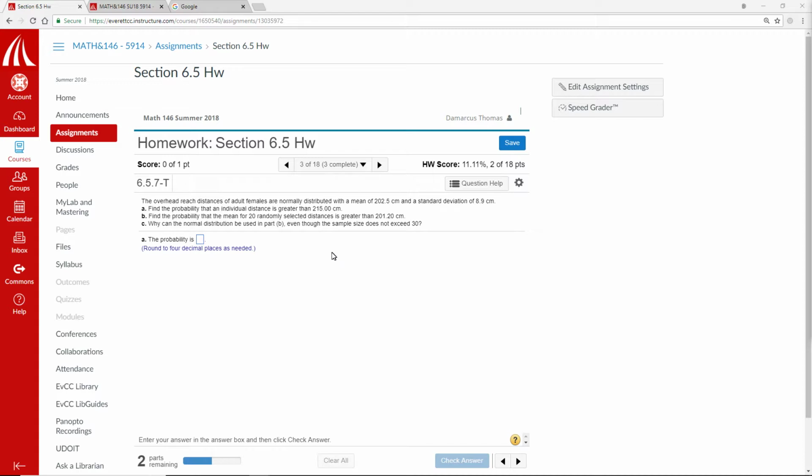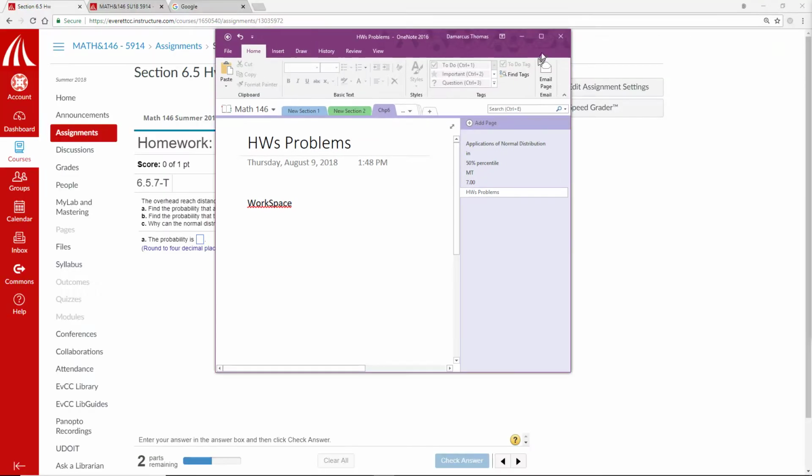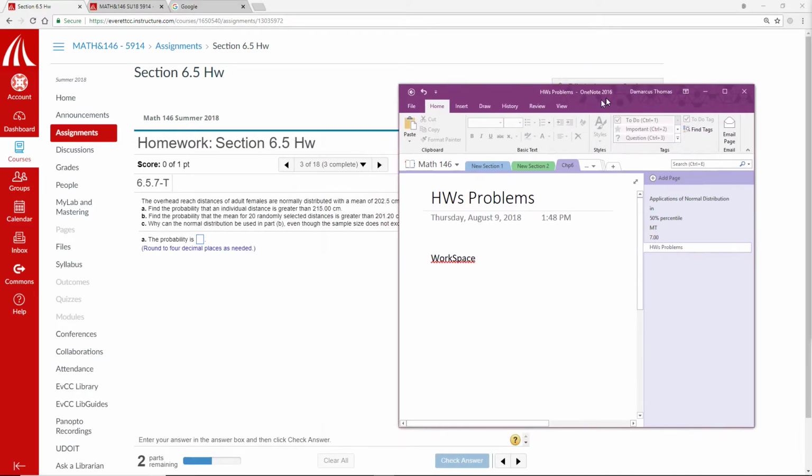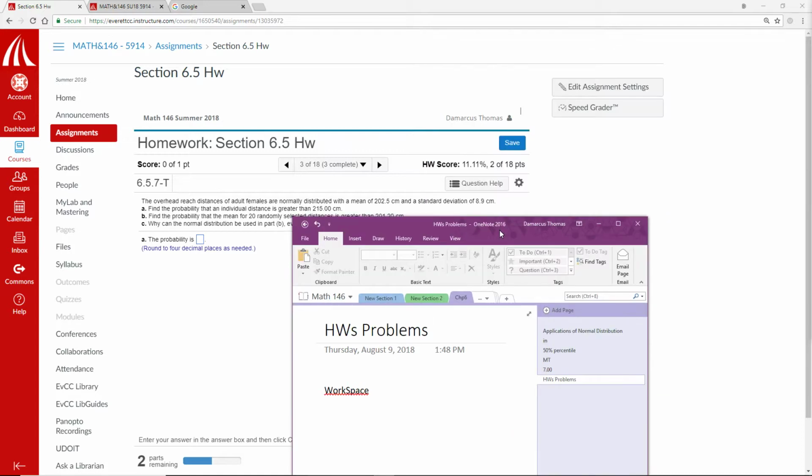Alright, so let's give it a shot. First, find the probability that an individual distance is greater than 215. It's always helpful to map out what you're trying to solve. So let's do that right here. We'll write out the most important information first.